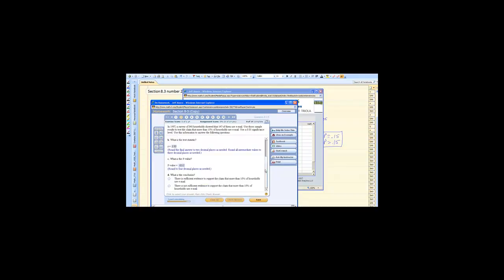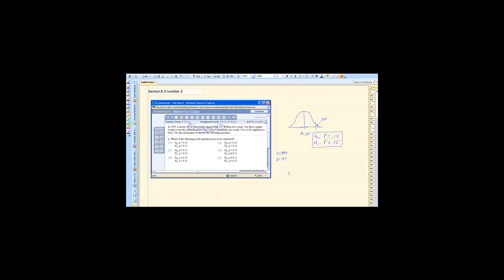Now we have to draw a conclusion. Since our p-value, 0.0212, is less than alpha, we will reject the null hypothesis.